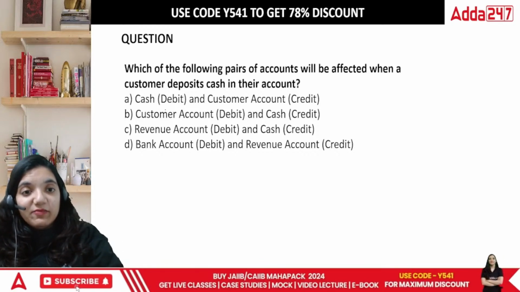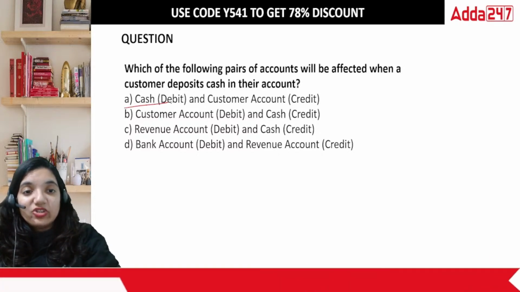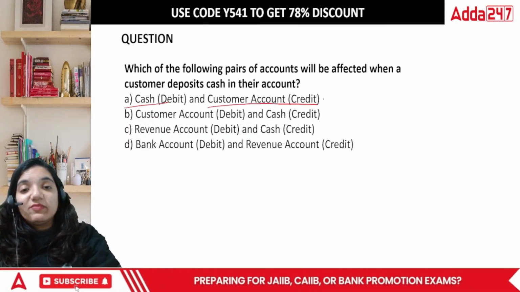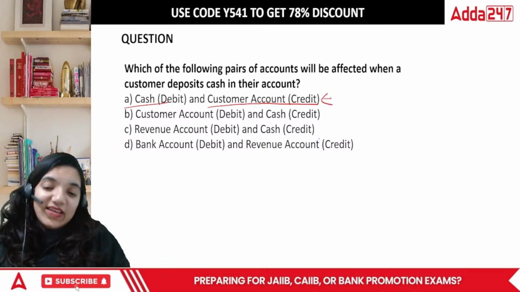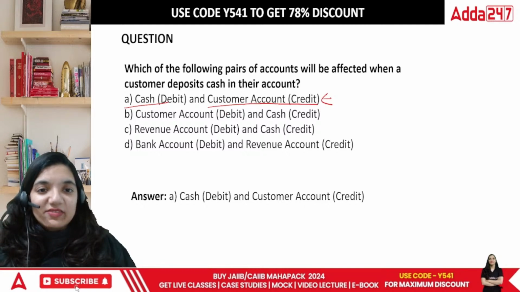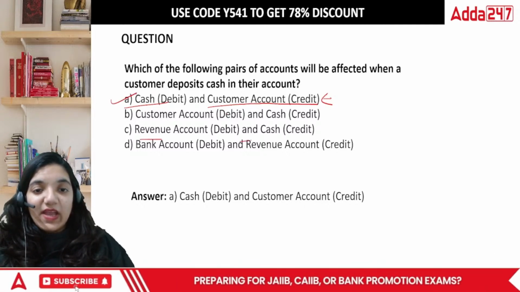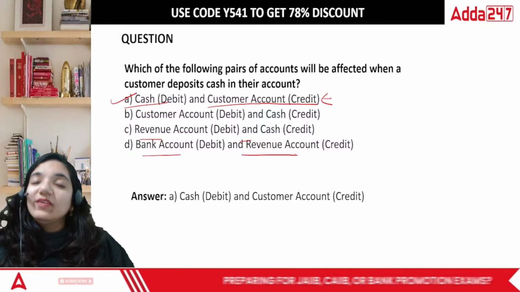We will credit Mr. X's account. You have cash on the debit side and customer account on the credit side. Done? That's A. Customer account to cash, the correct answer is actually A. Then revenue account to cash, then bank account to revenue account.